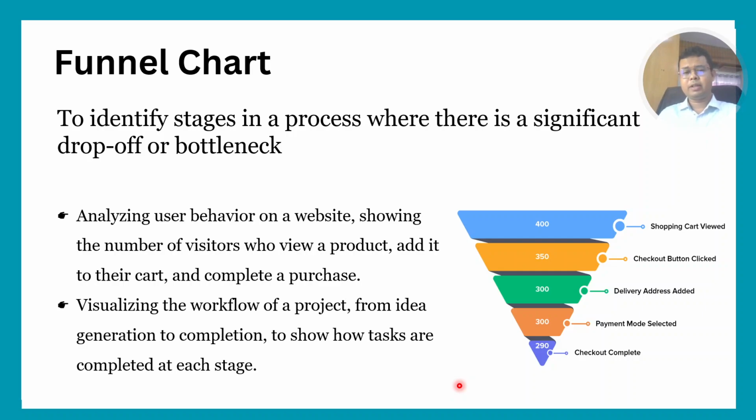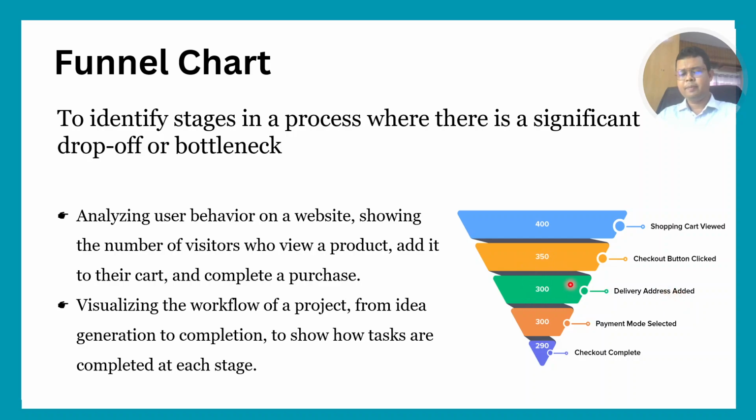So at a specific time, for example, 10 o'clock, maybe 400 customers entered my system or shopping cart, right? After a certain period, maybe 2 minutes later, they clicked the checkout button. So within these 2 minutes, already 50 customers dropped, right?